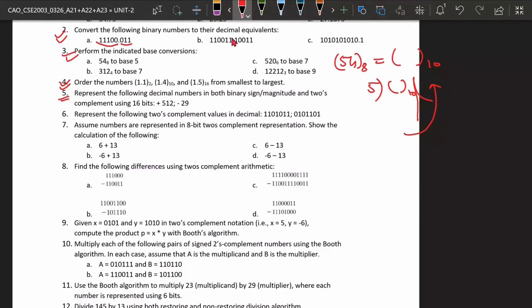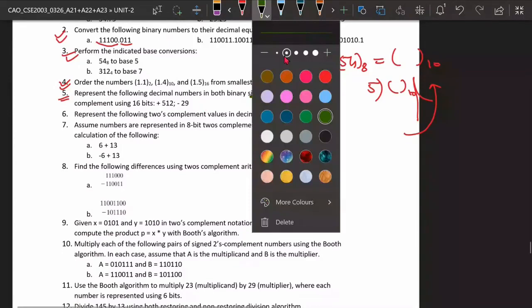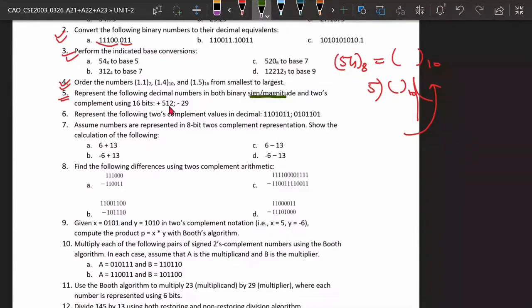So here, question 5 is that we need to convert these decimal numbers into both sign magnitude and 2's complement representation. If a positive number is there, it will have the same representation in binary, sign magnitude, 2's complement, or 1's complement.